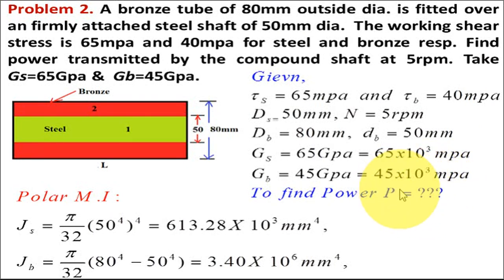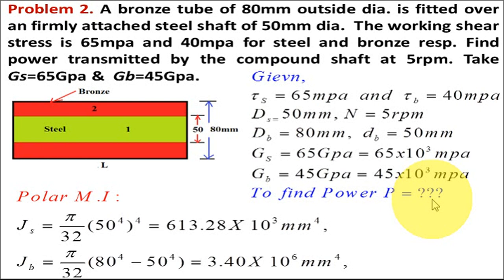To find out power P, first of all you should calculate the value of T in the equation. So initially you have to calculate the torque transmitted by the shafts when they are parallel.